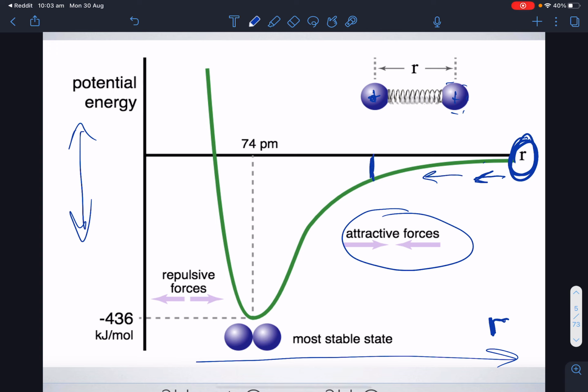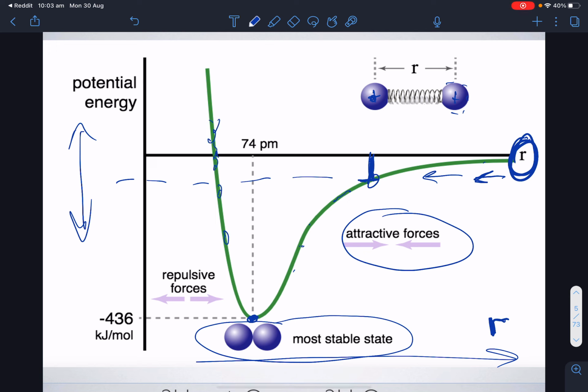Okay, so if you move them this close together, you lose this amount of energy, whatever that is on our scale here. And you bring them closer, and you lose even more energy, and more and more, until they reach this state where they've lost the most energy. And this is the most stable state, because on the other side, as you move them closer and closer together, you're not losing much energy anymore.